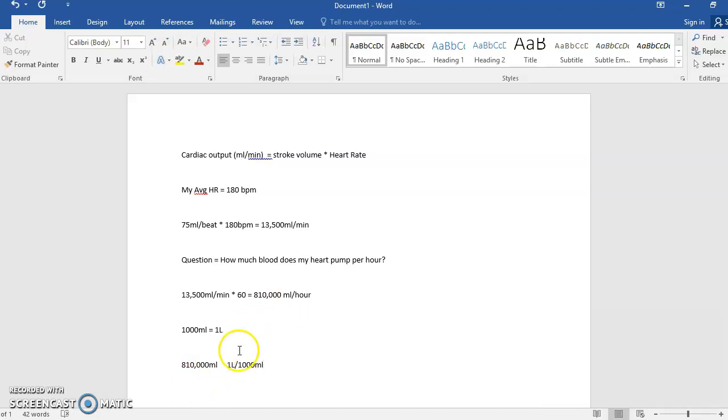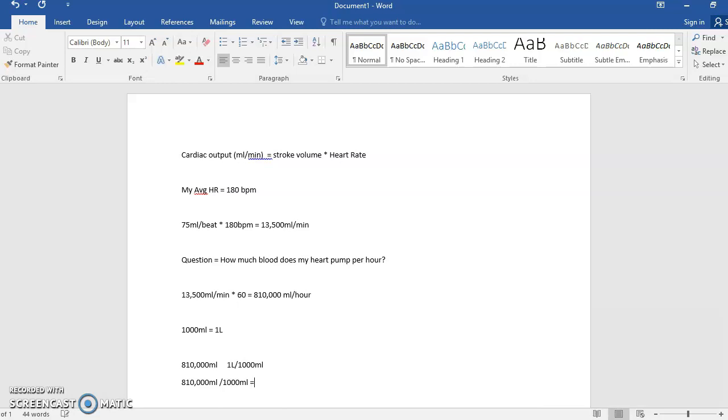And so all you would have to do, if you're imagining, because sometimes I know you do this in chemistry, you do 1 liter over 1,000 milliliters. Since this number is on the bottom and this number is on the top, those units will cancel each other out. So all you have to do is simply take 810,000 divided by 1,000.